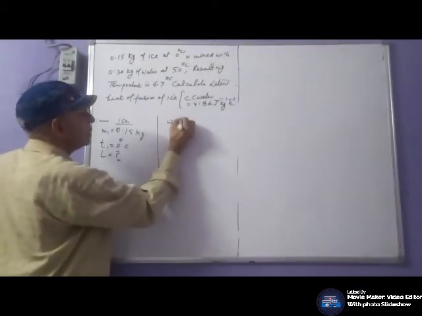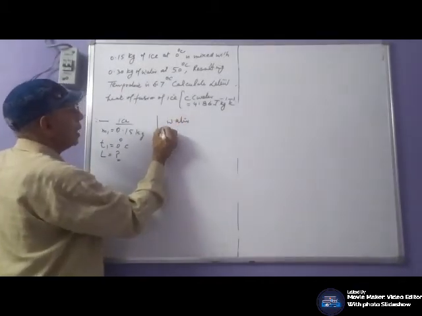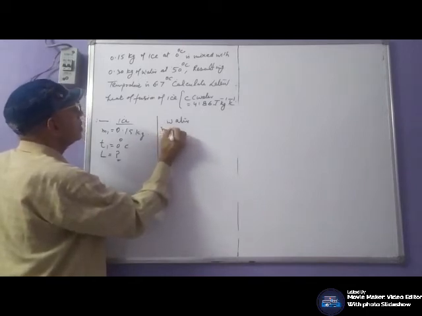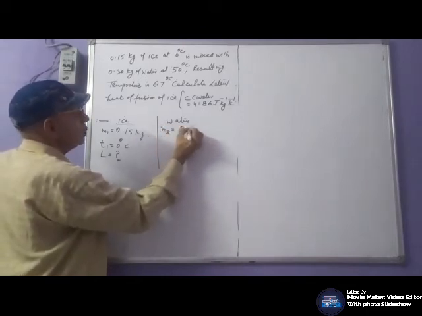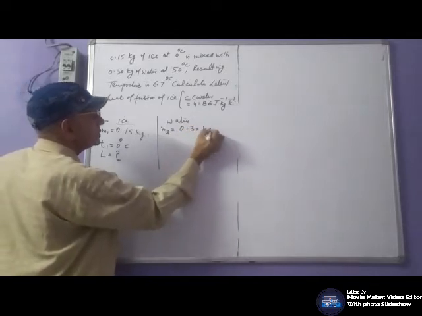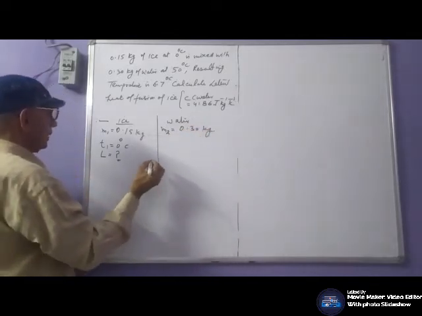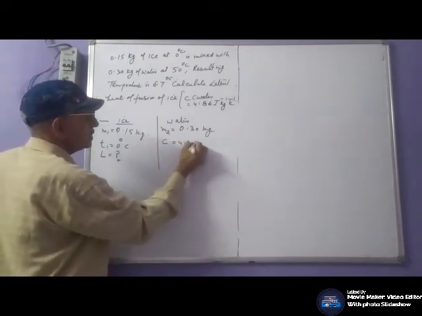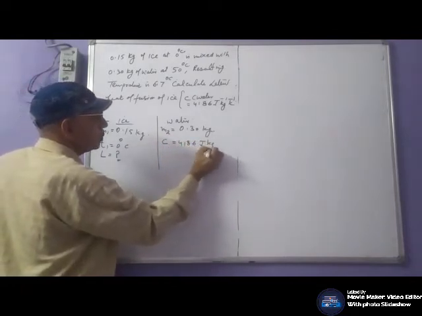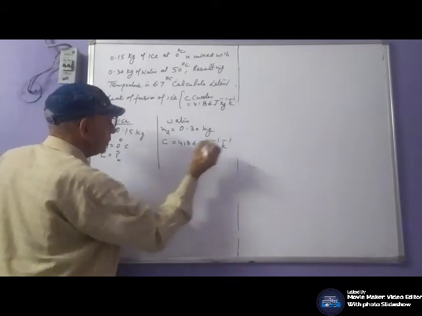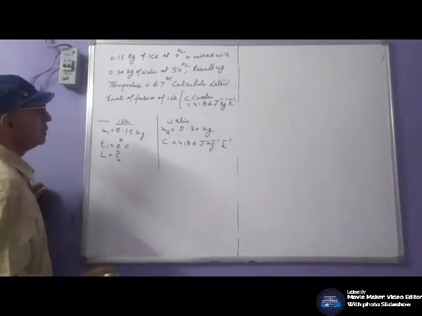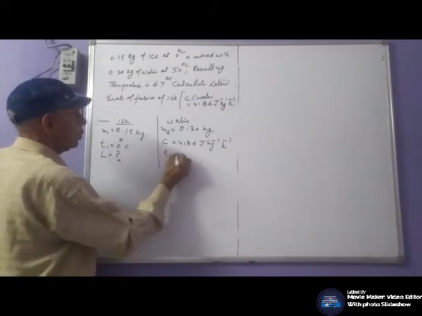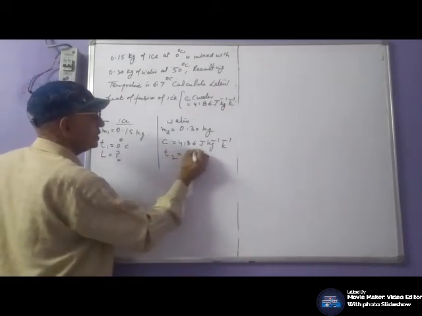For water, M2 is 0.30 kg, C is 4186 joule per kg per Kelvin, T2 is 50 degrees Celsius.